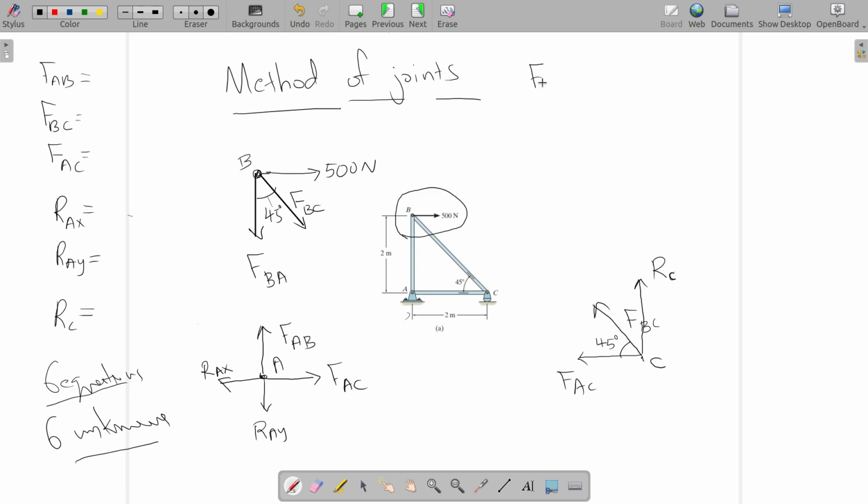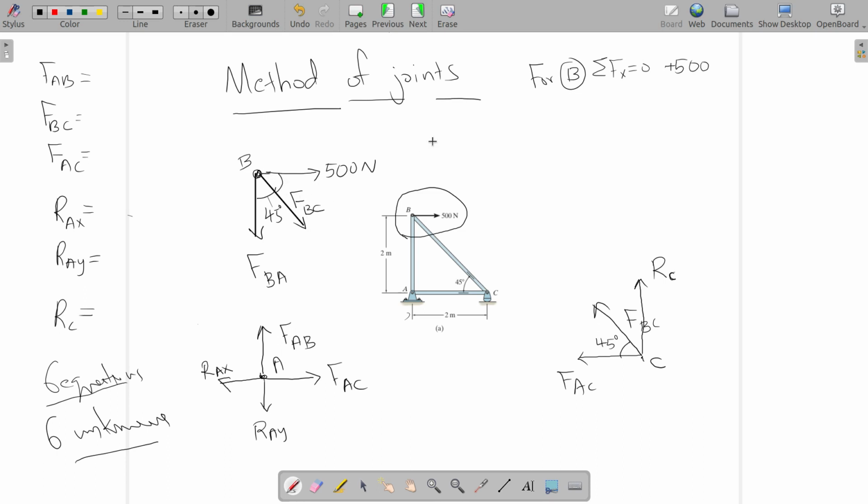Here, for B, net force in x direction should be 0. That means $500 is a force in x direction, fully in x direction. It's towards the right, so it is positive. Next you have a component of FBC, the horizontal component of FBC.